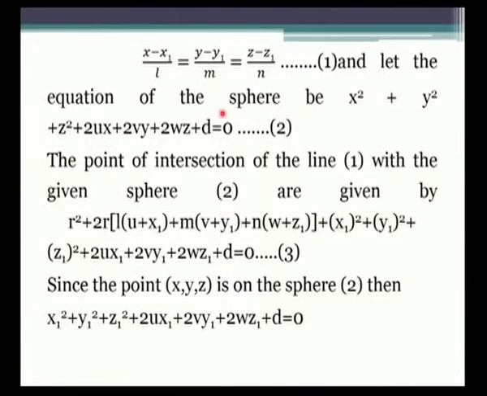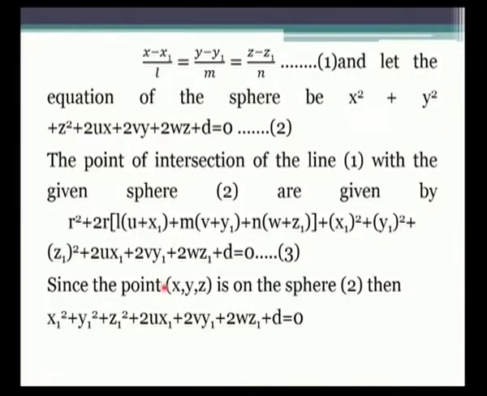Now, since the point x1, y1, z1 is on the sphere given by equation 2, we get x1 squared plus y1 squared plus z1 squared plus 2ux1 plus 2vy1 plus 2wz1 plus d is equal to 0. So the equation of the sphere changes to this form when the point lies on the sphere.